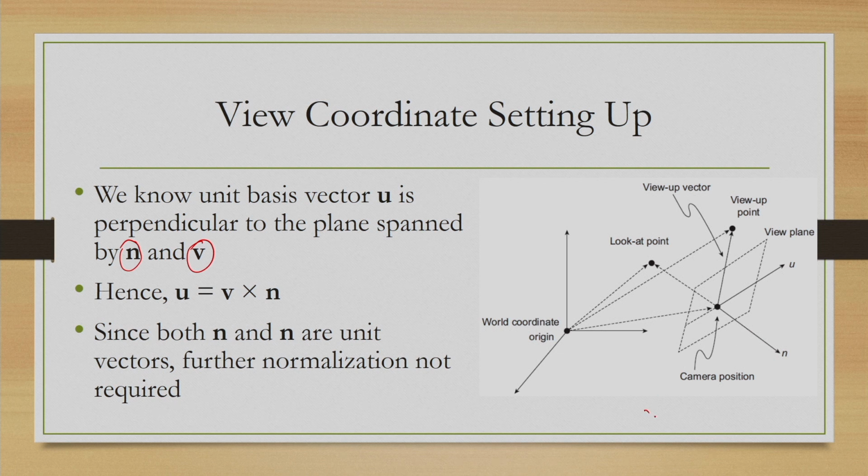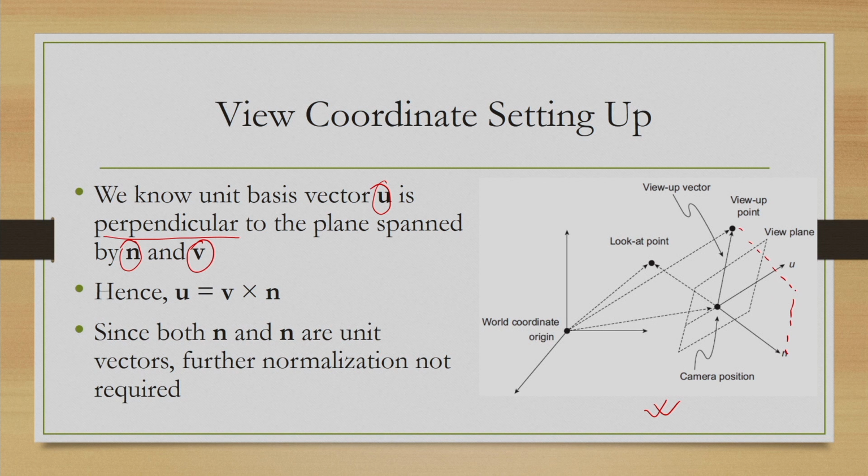Now, if we look at the figure, you can see that the remaining vector u is perpendicular to the plane that is spanned by n and v. So, if this is the plane, then u will be perpendicular to this plane.